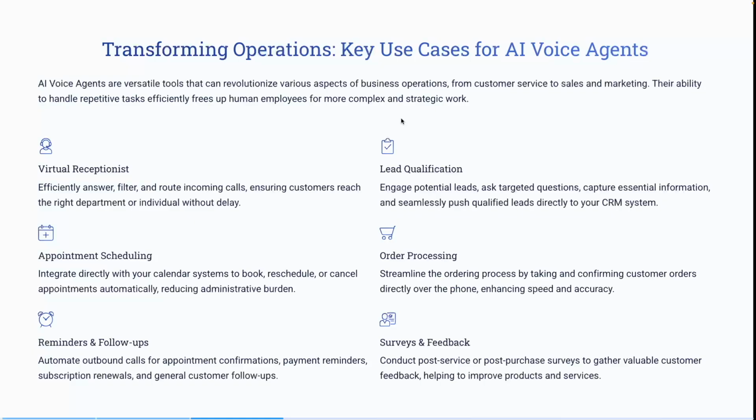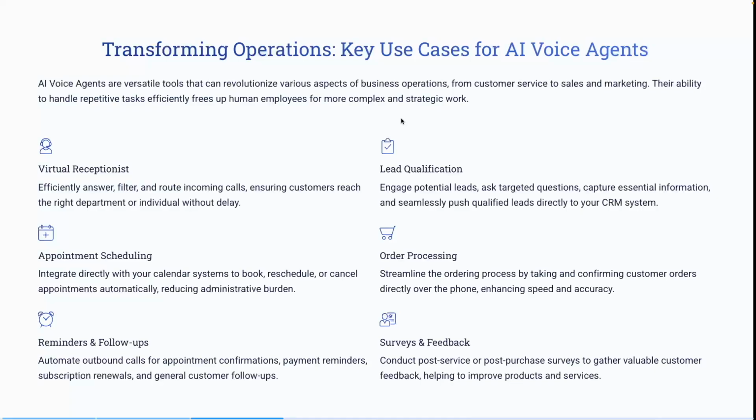Lead qualification is an outbound call where you call and ask the client, a potential lead, if they would be interested in taking our services, which service you want, how much it will cost, etc., right? And collect their information. Appointment scheduling is a very simple thing. Your existing user or a new client is asking for an appointment with your sales team, right? You don't need one person sitting there doing this work. Your AI voice agent can do it by itself.